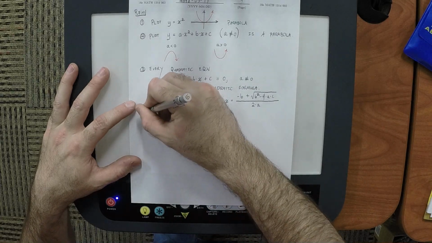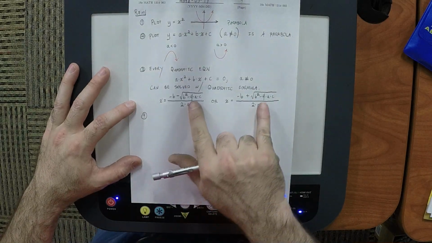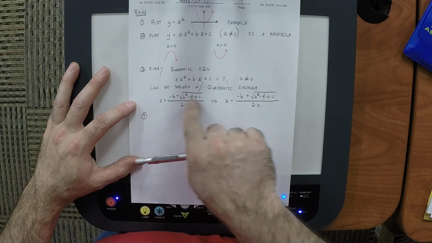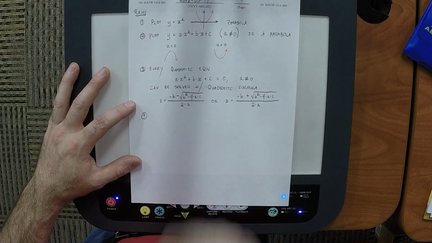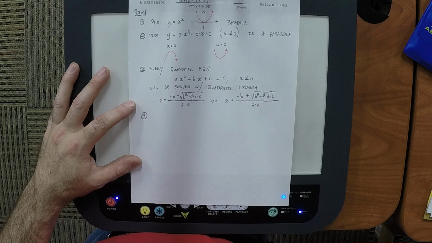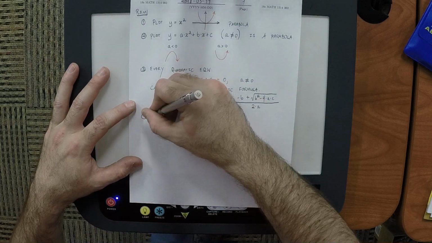4. The thing in the radical, that expression in the radical, is significant enough to have its own name. What's its name? Discriminant.